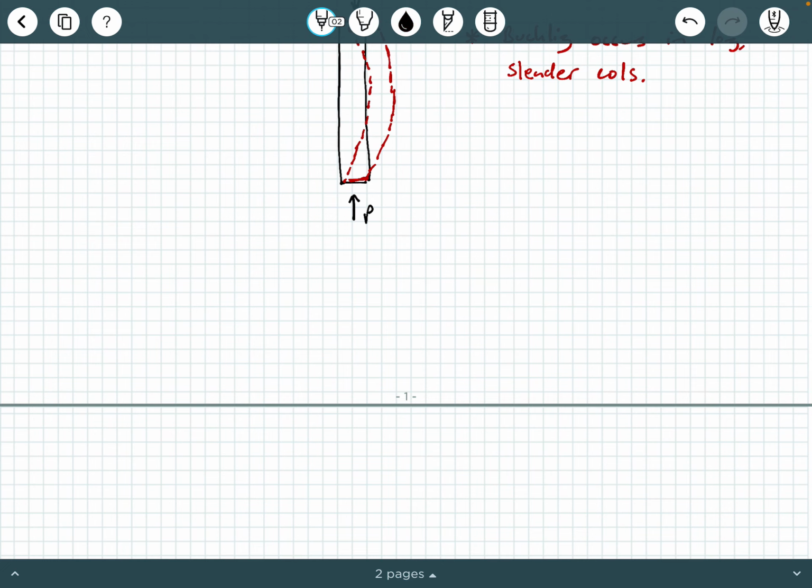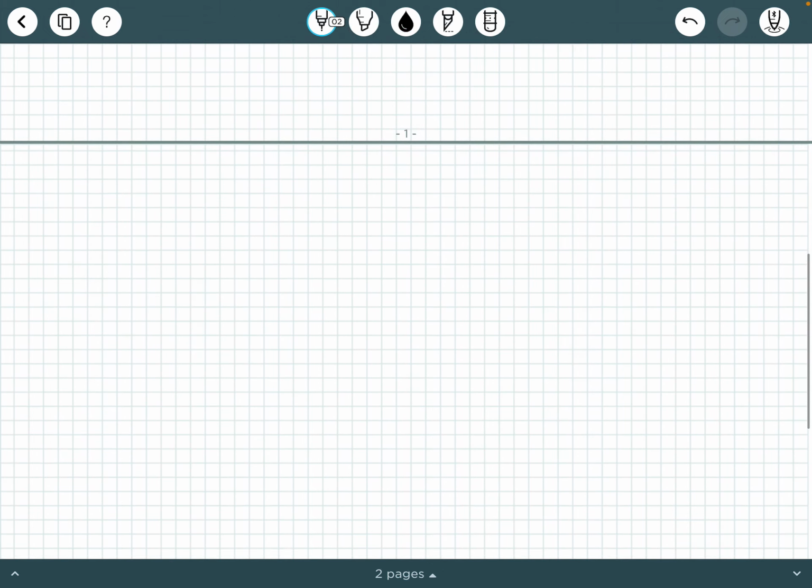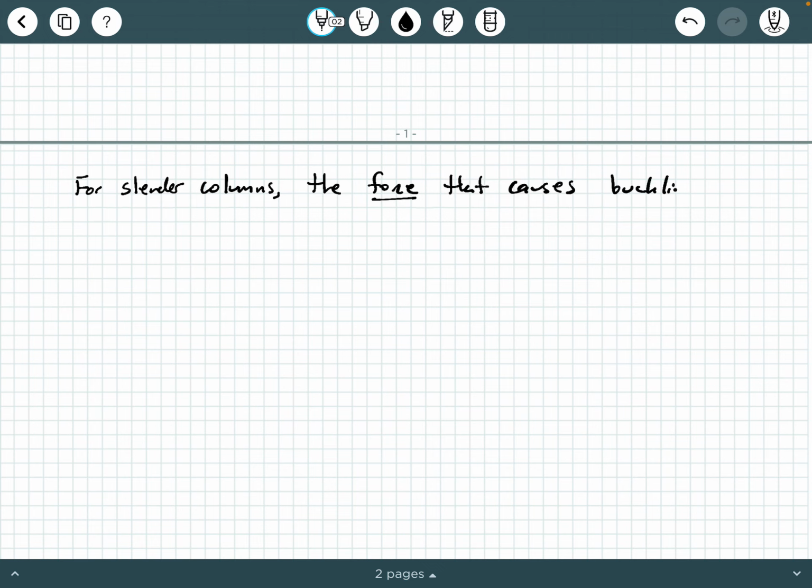So let's talk about that. For slender columns, the force that causes buckling is called the Euler buckling force.